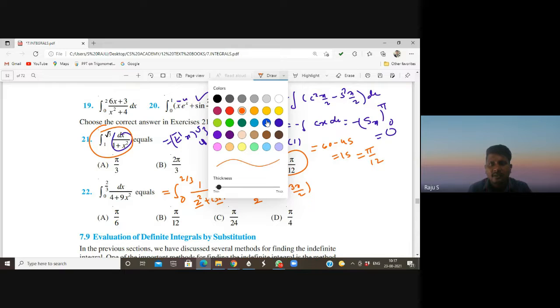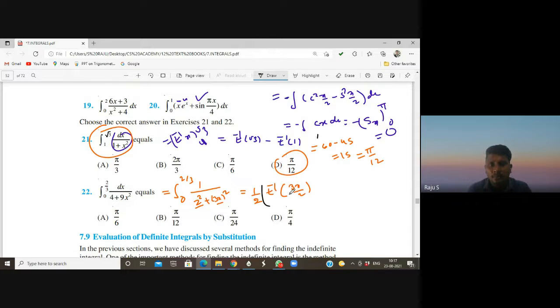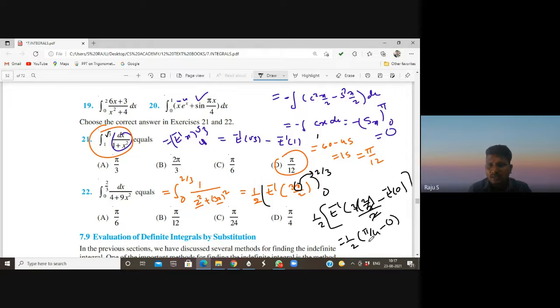Now you can apply the upper limit minus the lower limit, 0 to 2 by 3. Now 1 by 2 times tan inverse 3 into x value 2 by 3, by 2. In place of x, I substituted the upper limit, minus tan inverse 0. So this is 1 by 2 times tan inverse, 3 and 3, 2 and 2 get cancelled. Tan inverse 1, that is pi by 4. Tan inverse 0 is 0. So this is pi by 8.